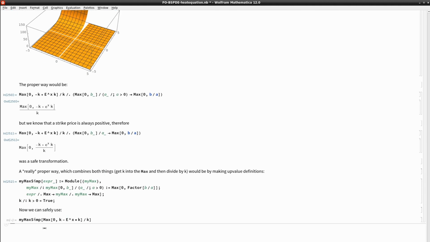This is a definition that now specifically attaches to K, because K is on the left side of this /:. We're saying K larger than 0 is True. So with this definition, myMaxSimplified, we can now safely use myMaxSimplified on this expression where we are performing everything together. And you see that we have put the division by K into the Max function, and then we have done a Factor in order to eliminate K.